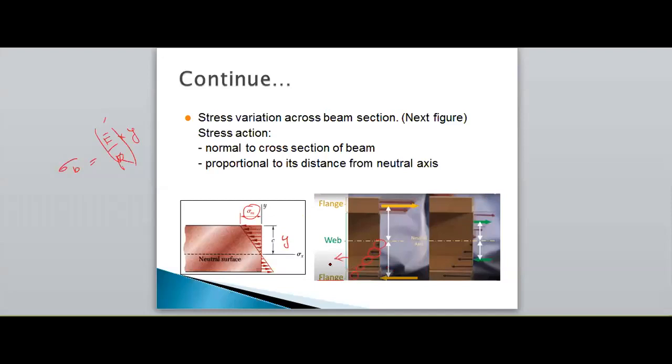This is a compression side, and this is a tensile side. It will be highest at the topmost layer while we are moving away from the neutral layer or neutral axis.